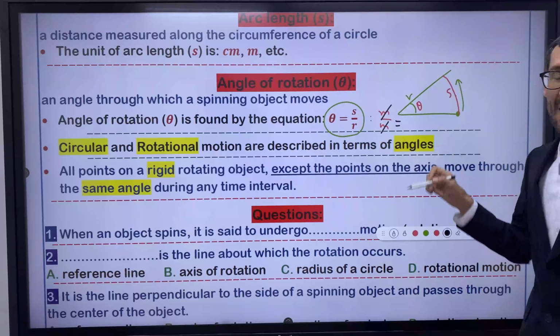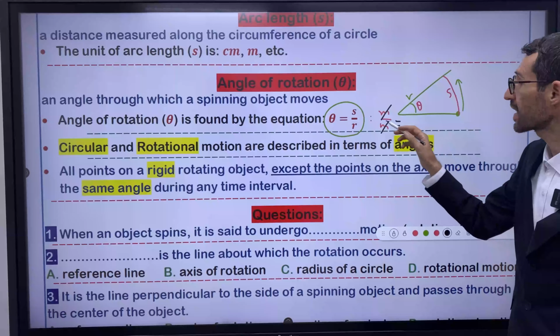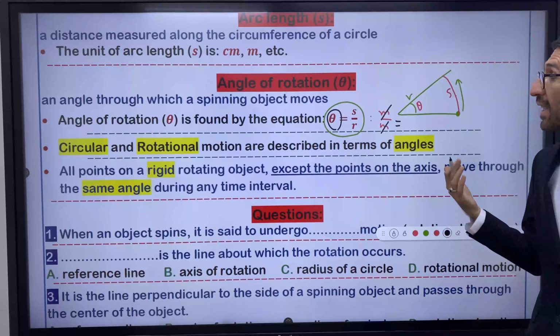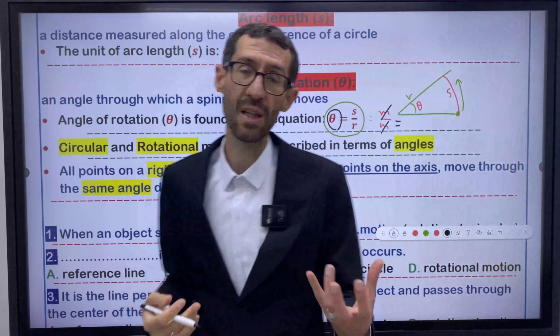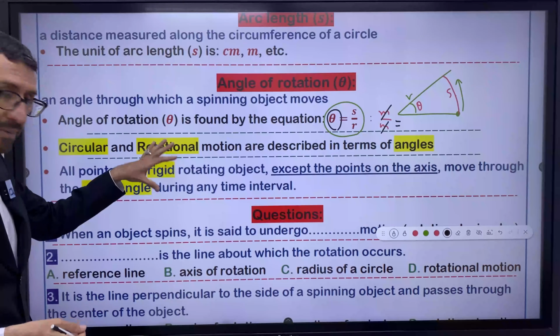So units counteract one another. In this situation, I can say theta is unitless. Theta, or angle of rotation, is dimensionless, but I'll explain it for you.